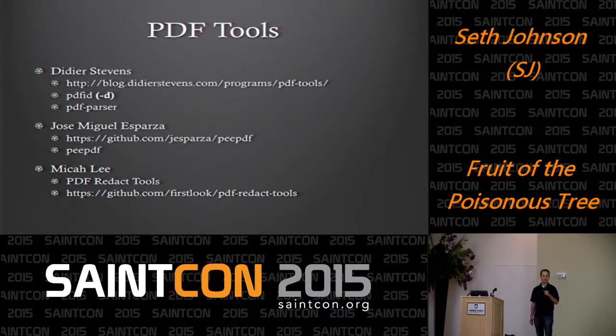When you use PDF Parser, you have the ability to follow an object stream, object by object, decode all of the filters, filter by filter, and extract the contents of individual objects as if they were plain text. How many of you think that's an awesome tool? I do. I think that's incredibly useful.